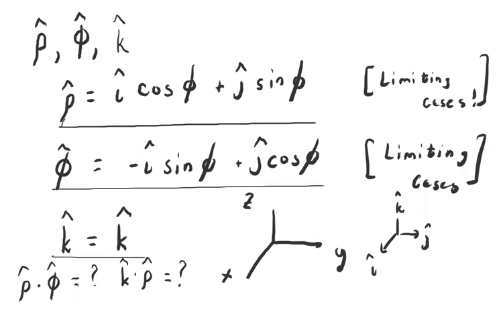And I actually ask you in problem set 1 to show that you can use those 3 definitions to write down the unit vectors i hat, j hat, and k hat in terms of the unit vectors for cylindrical polar coordinates.